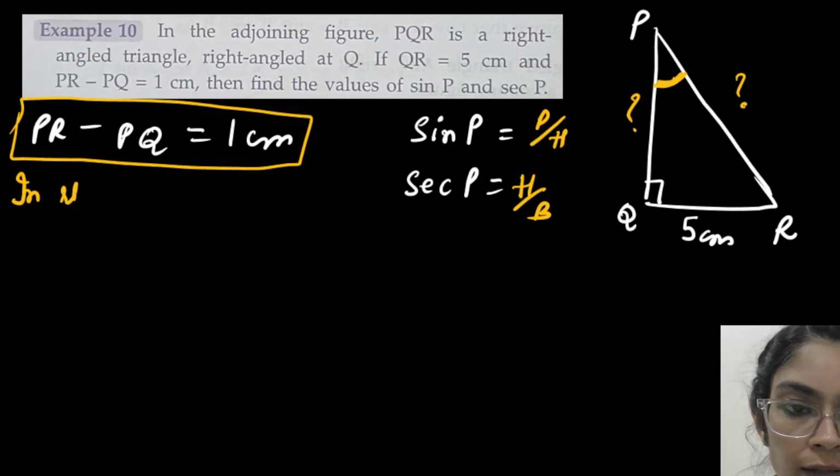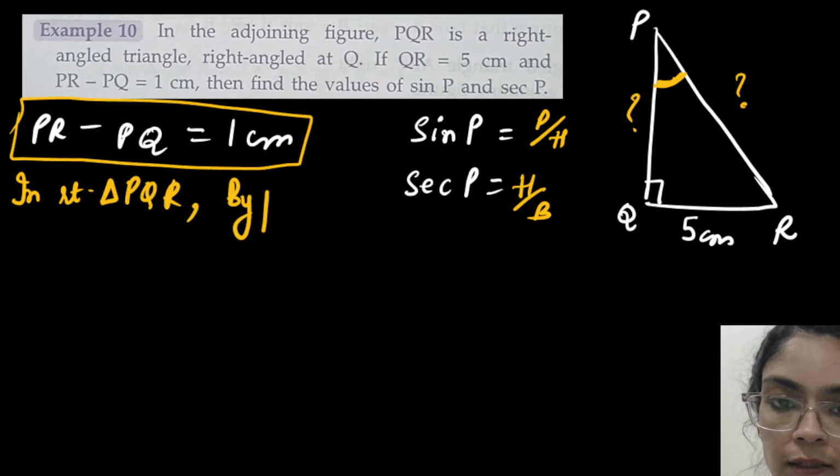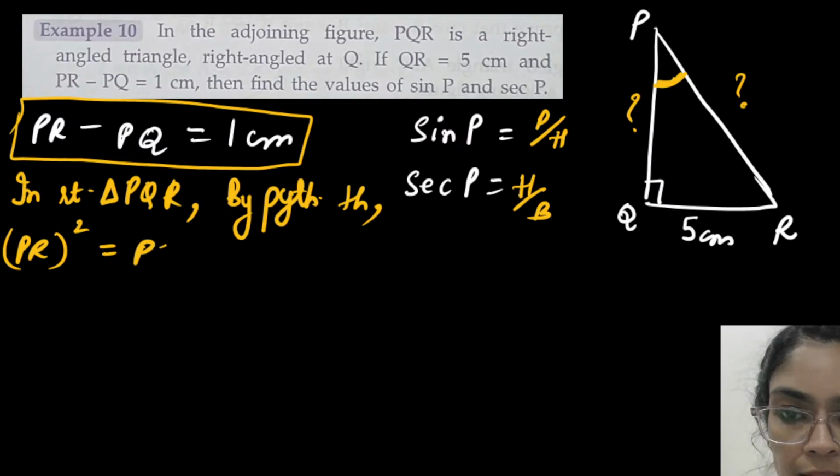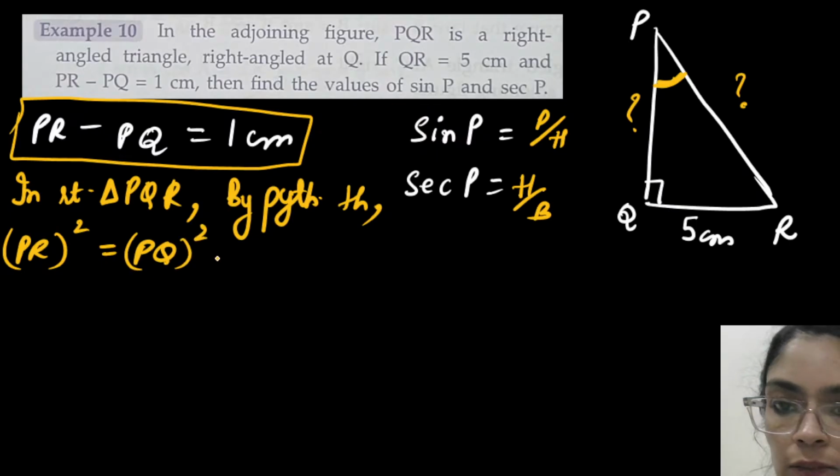In right triangle PQR, by the Pythagoras theorem, the hypotenuse is PR here. So PR square is equal to PQ square plus QR square.